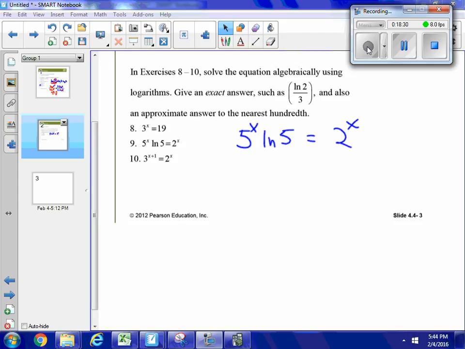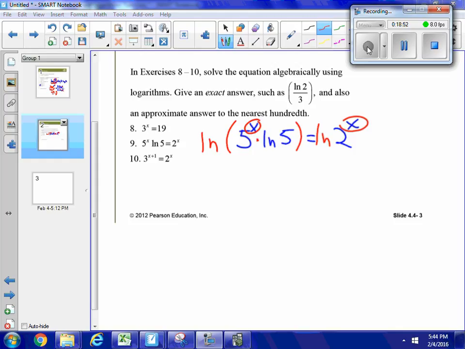So let's try the next one. Again, I have x trapped up here as an exponent. And the way to get it down is to do the inverse operation and take a logarithm of both sides. So I'm going to take ln there. And so here you see I have a product. A logarithm of a product.